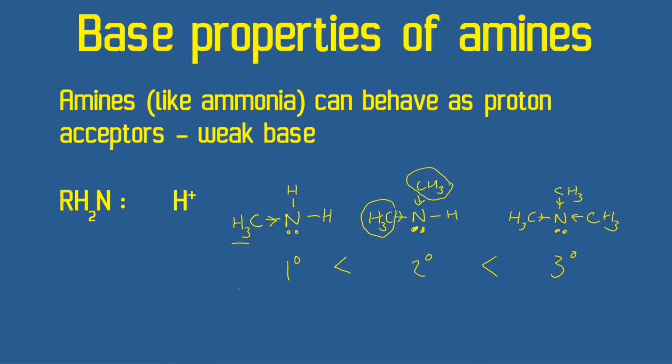Now there are some complications. If these alkyl chains weren't a CH3, say it was a CH2 with more carbons on it, then with all these extra carbons, we've got this longer chain here.